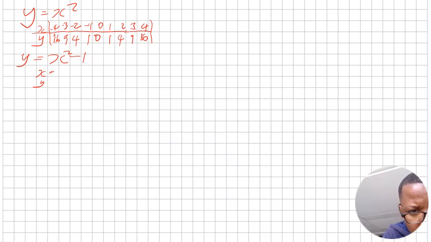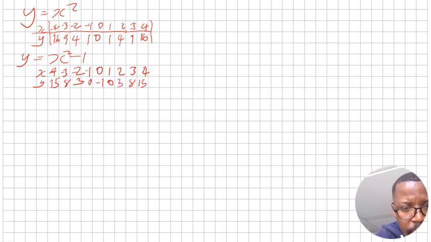We have -4, -3, -2, -1, 0, 1, 2, 3, 4. So if we say x squared, that is -4 squared, that's 16. If we subtract 1, that's 15.